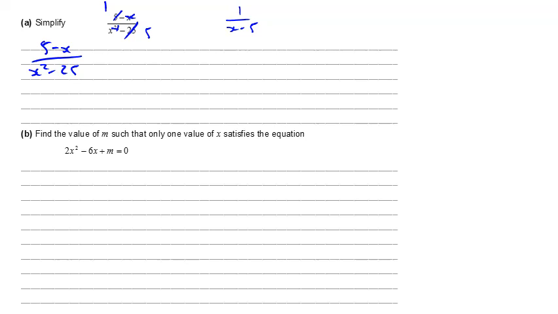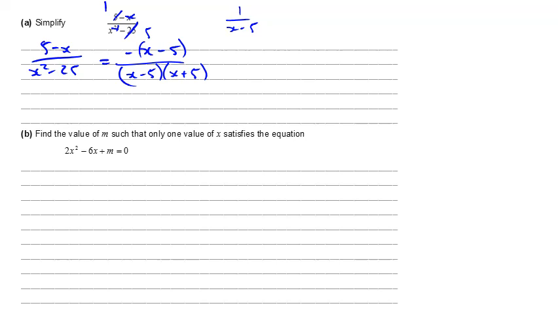Now I can only cancel up and down if I've only got pluses, only got times and divide. I've got pluses and minuses there, so I cannot cross out top and bottom. What I need to do is factorize.